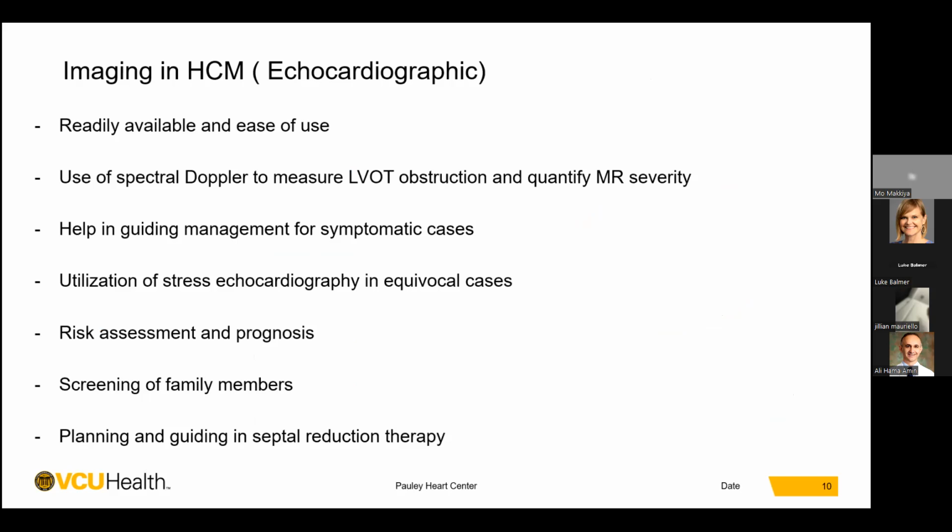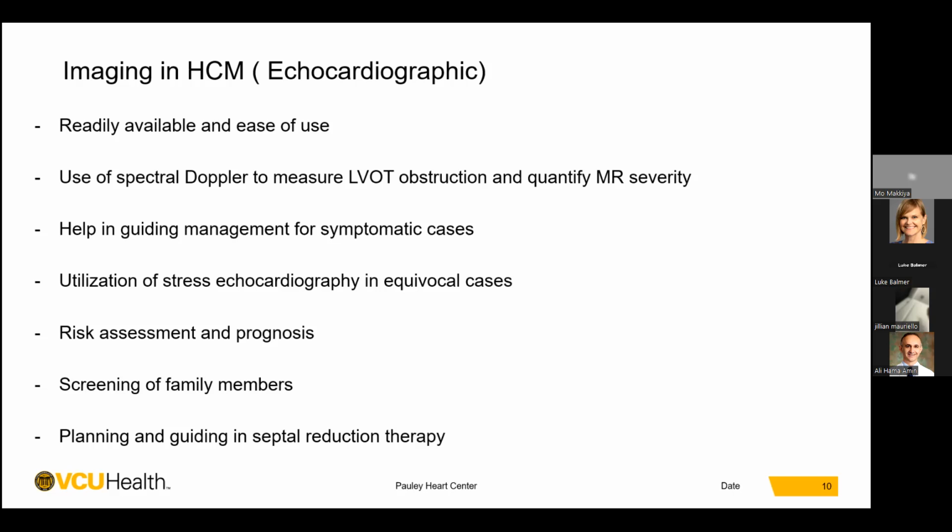So the first imaging test we use is an echocardiogram. Echocardiogram is the most readily available, easy to use, and cheaper. You can use it anywhere. Now we can even use it in our pockets with the new handheld devices. There's the ability of using spectral Doppler to measure the degree of LVOT gradient obstruction and to assess the severity, which is the gold standard.